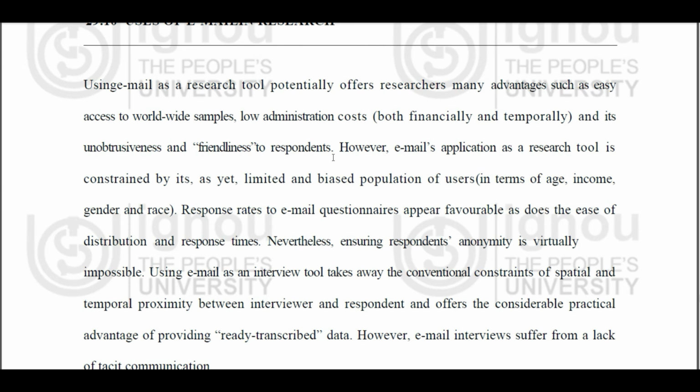However, email's application as a research tool is constrained by its yet limited and biased population of users in terms of age, income, gender and race. Response rates of email questionnaires appear favorable, as does the ease of distribution and response times. Nevertheless, ensuring respondents' anonymity is virtually impossible.